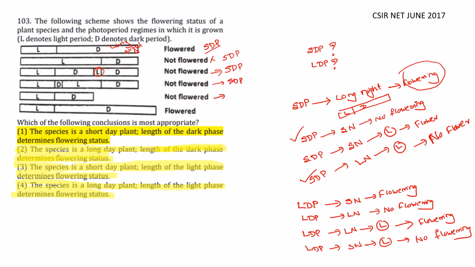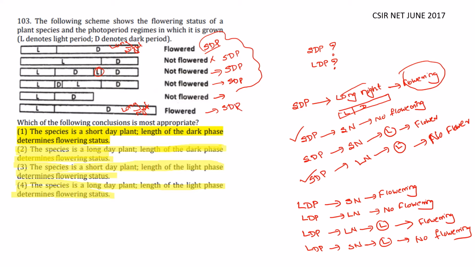Next, light period and darkness are the same. Here also no flowering. The dark period is long, long night. Long night means there is flowering. So it is a short day plant. So we can conclude that this is a short day plant.